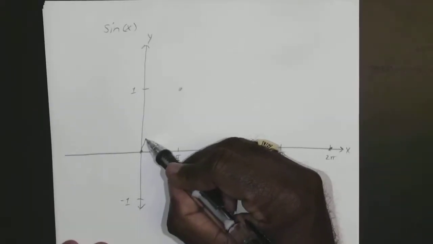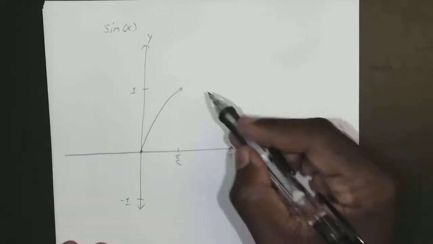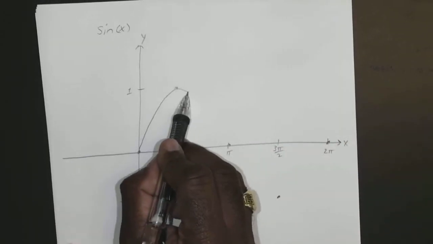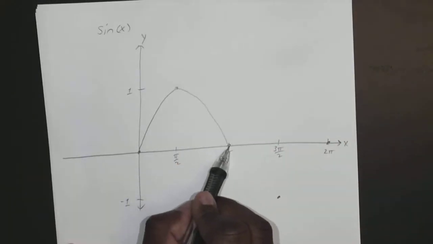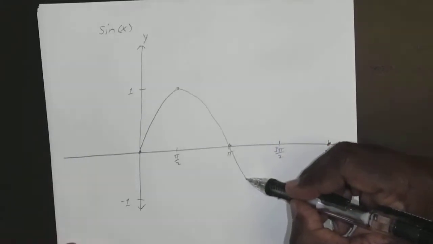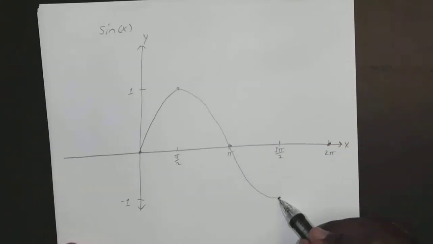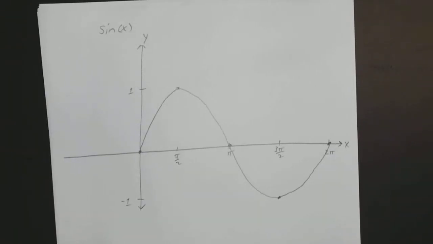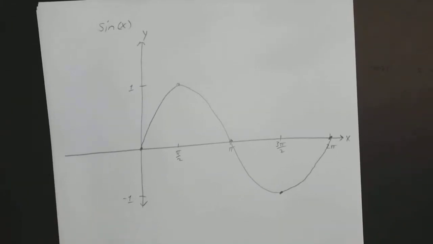So all the other values really just kind of go in between there. Trying to make sure I draw this connecting where it's supposed to connect. Okay, so that's actually the graph of sine. You put it on the XY axis.